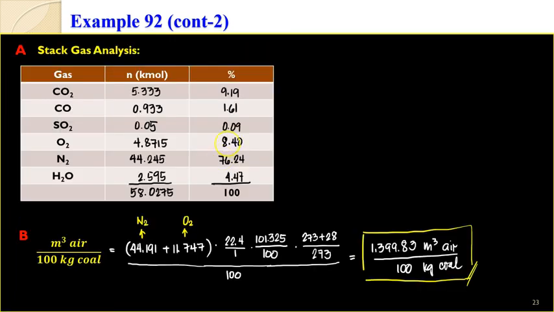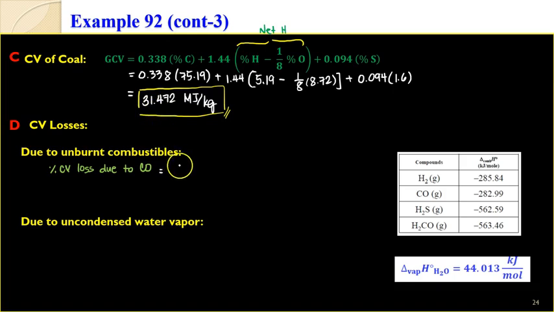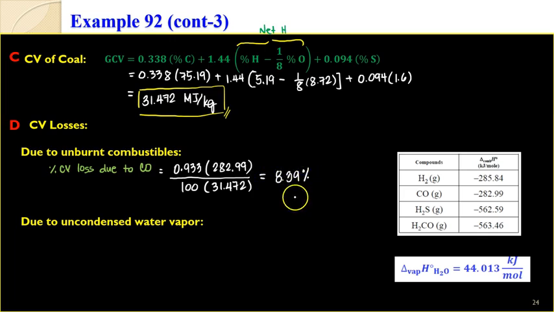The carbon monoxide formed is 0.933 moles, so that's 0.933 moles times 282.99 all over 100 kilograms of coal, and the calorific value of the coal is 31.472. So all in all, the answer is 8.39% of the calorific value is lost due to the CO.